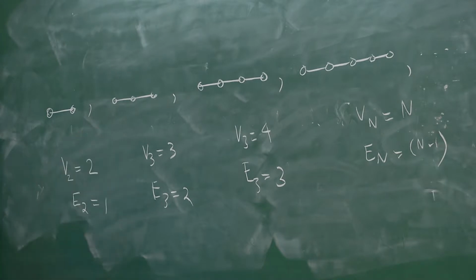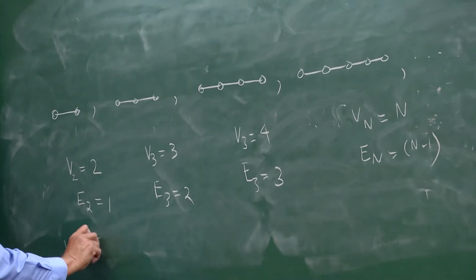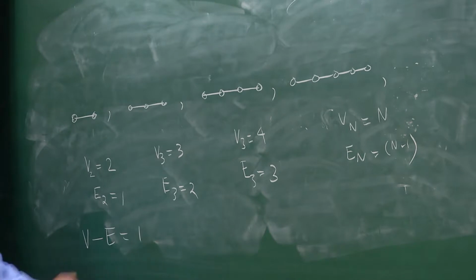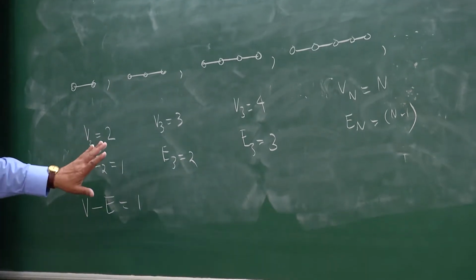So, we find again that V minus E is 1, okay, in all of these cases.